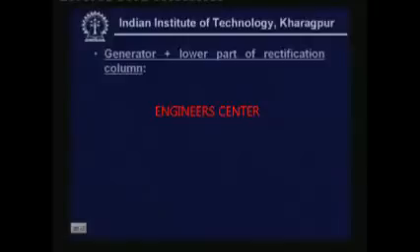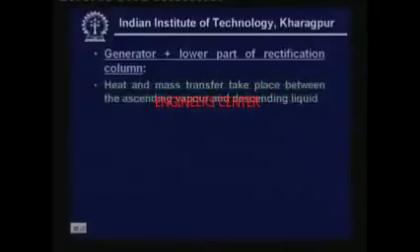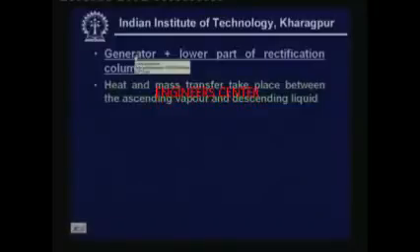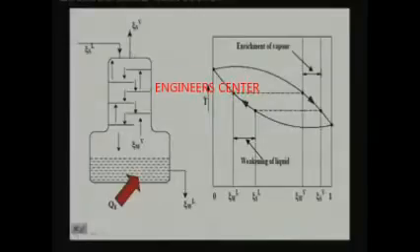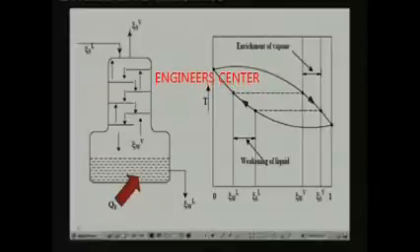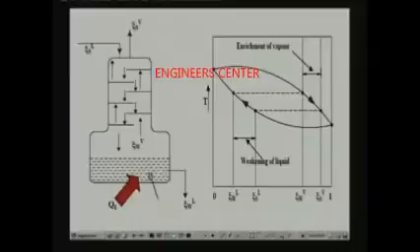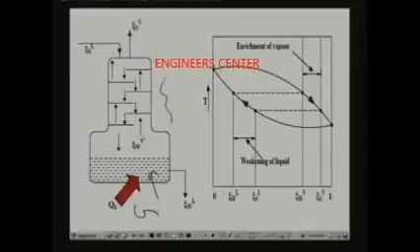Now let us look at the generator plus the lower part of the rectification column. First let me show the working principle. You can see the generator here. This is generator G, and this is the lower portion of the rectification column.